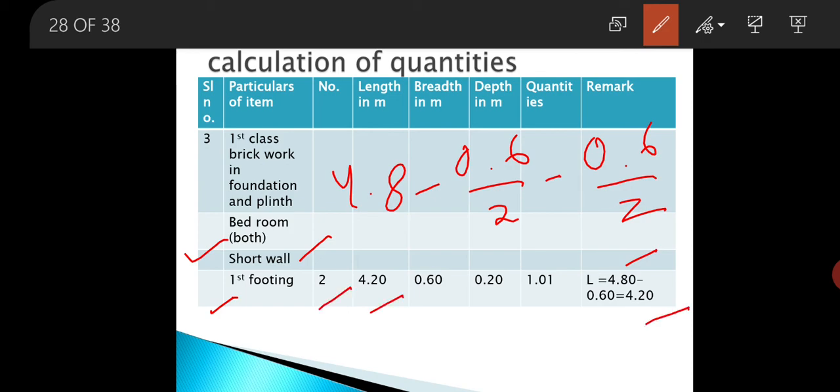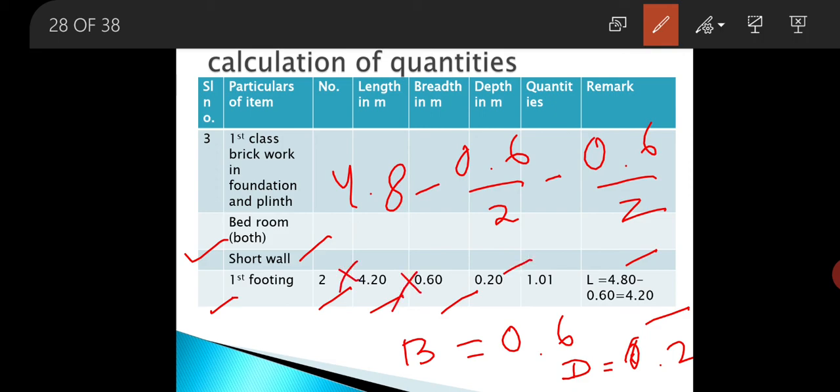The number of short wall is 2. Width of the short wall is how much? 0.6, and depth of the first footing is 0.2. Okay.